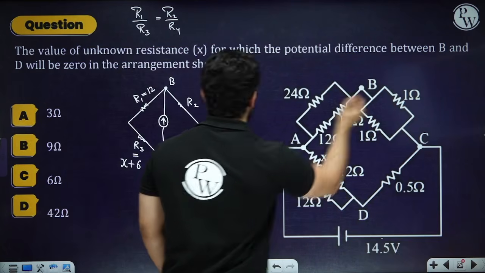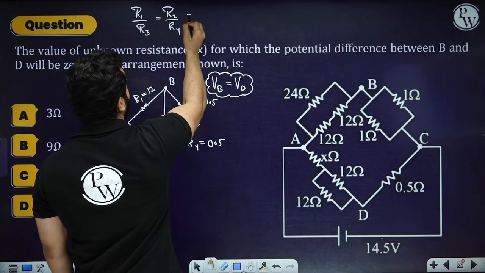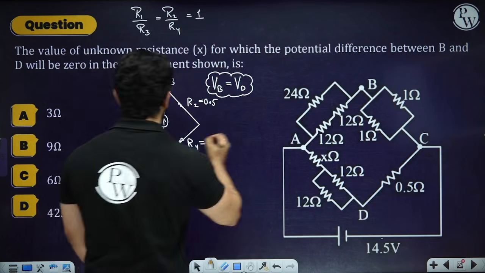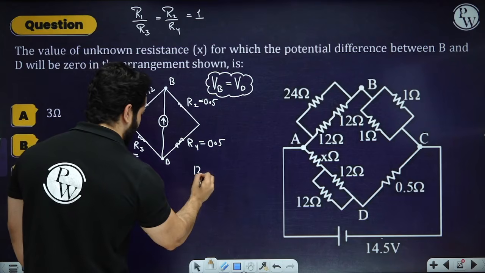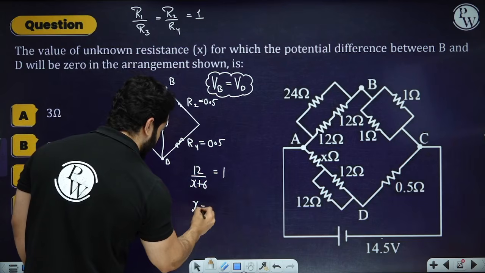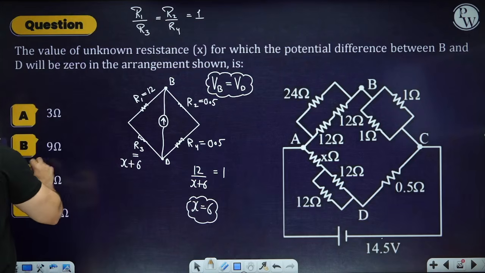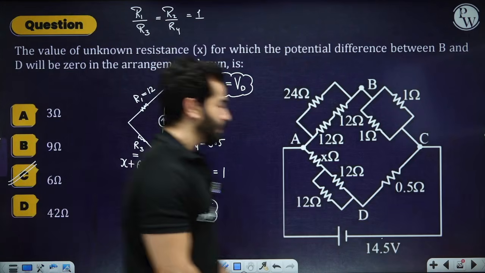This is 1 and 1, so this is also 0.5. That means this ratio is coming out to be 1. So this would mean that 12 upon X plus 6 should also be equal to 1. This means that X should be equal to 6. By the way, this was also from past year JEE Mains.